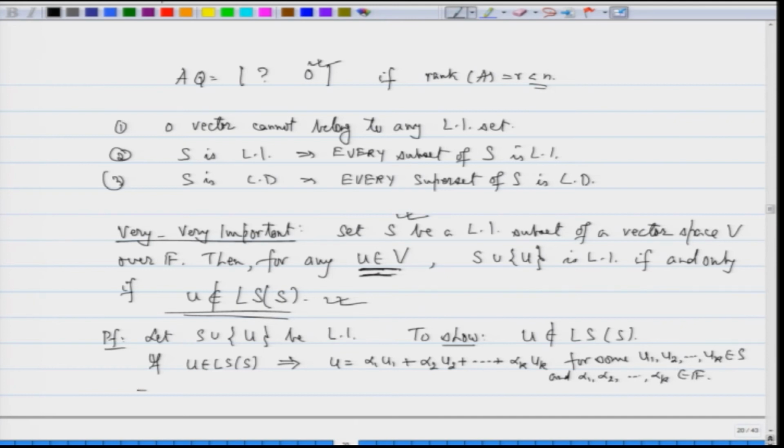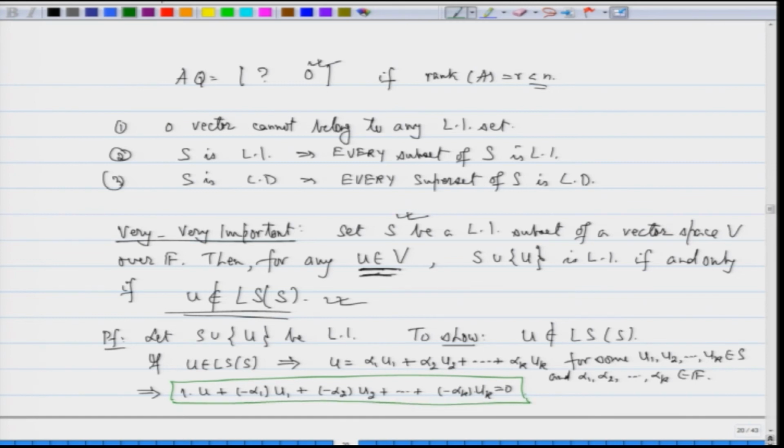So, this implies, rewrite this as 1 times u plus minus alpha 1 times u1 plus minus alpha 2 times u2 plus minus alpha k times uk is 0. I have just rewritten it. Fine, that is all I have done.